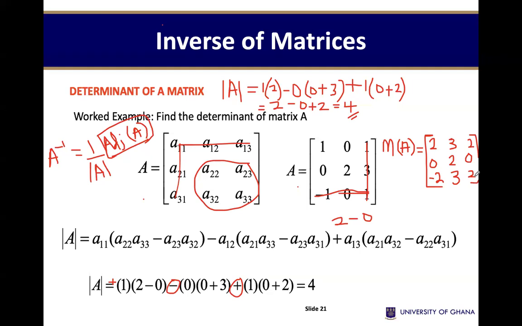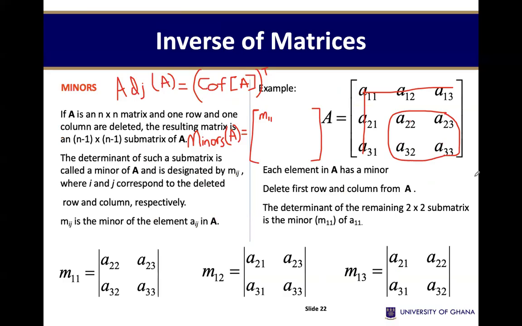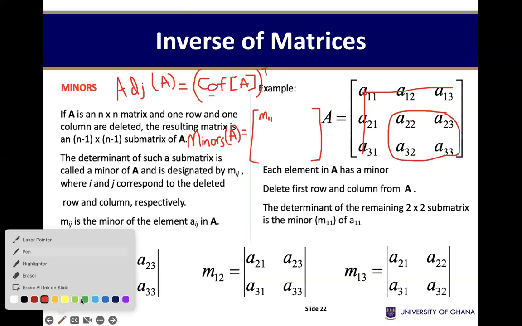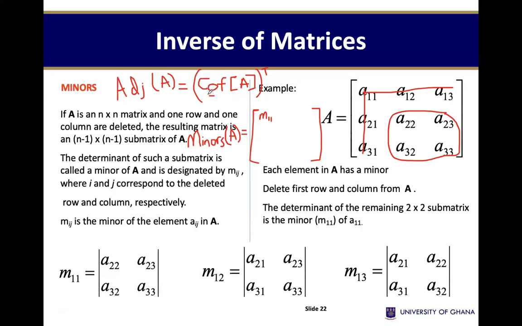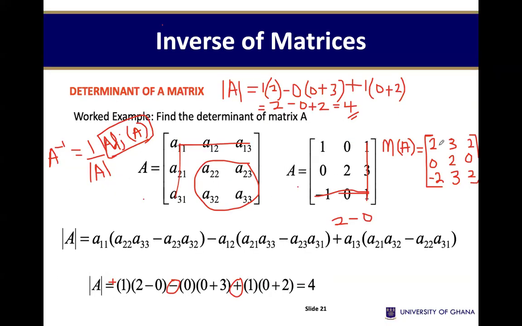So that's it. So that's how we find a minor. But the question is, when we find a minor, what do we use a minor for? We need to now use it to find the cofactors, which is this one. All right. So now let's come back here. Any question on the minor before we go on to look for the cofactors? See whether any hand is up.